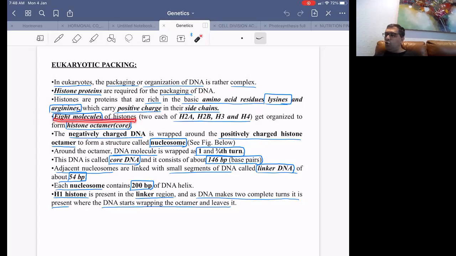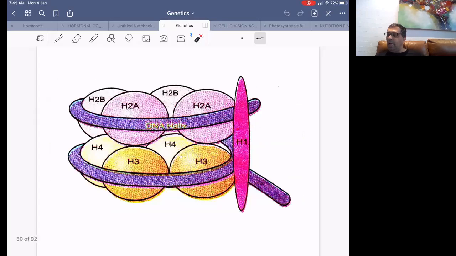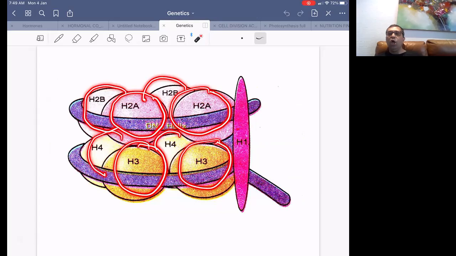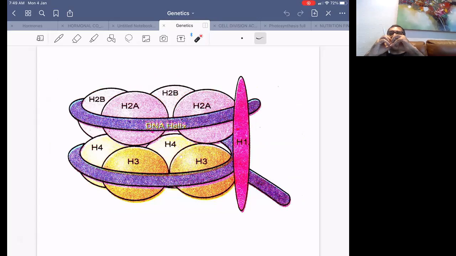8 molecules of histones, 2 H2A, 2 H2B, 2 H3, and 2 H4, get organized to form something called a histone octamer or core. So in a histone core there are two H2A molecules, behind them two H2B molecules, below them two H3 molecules, and behind them two H4 molecules. Something like a cube. 2 H2A and 2 H2B form a square. 2 H3 and 2 H4 form a square.